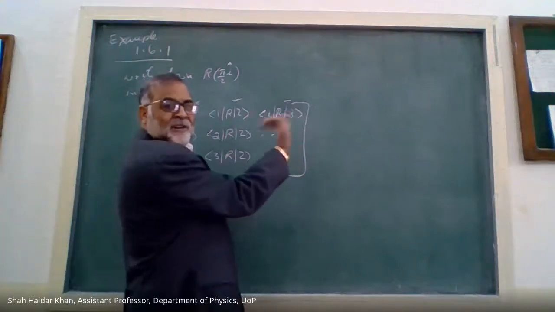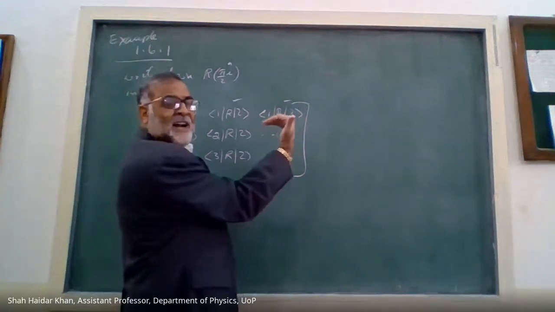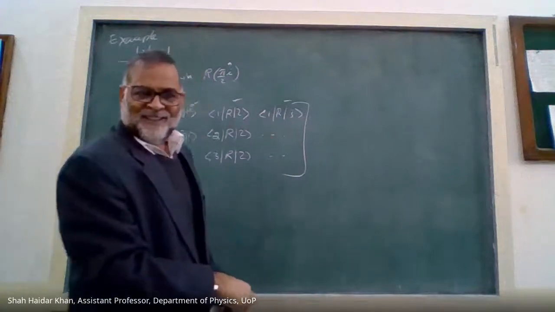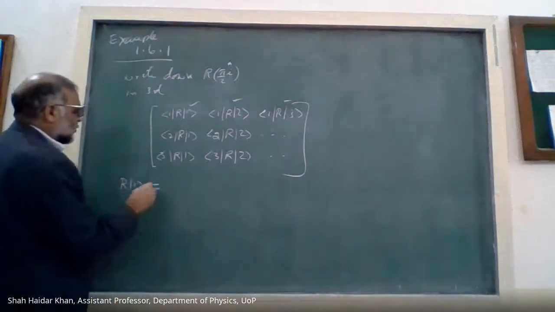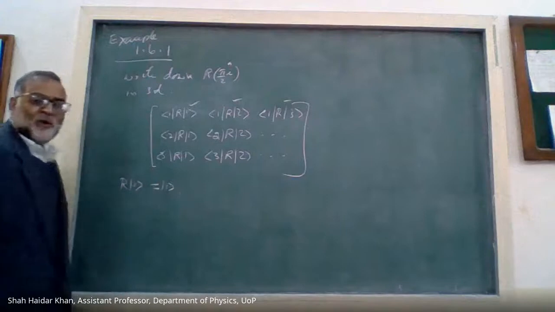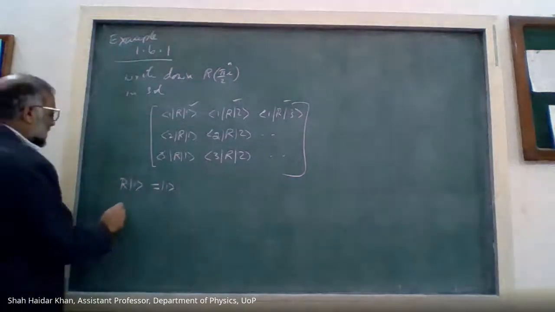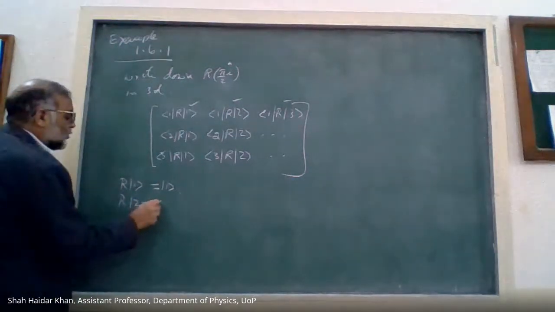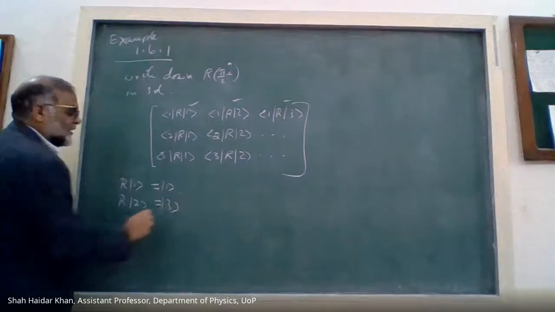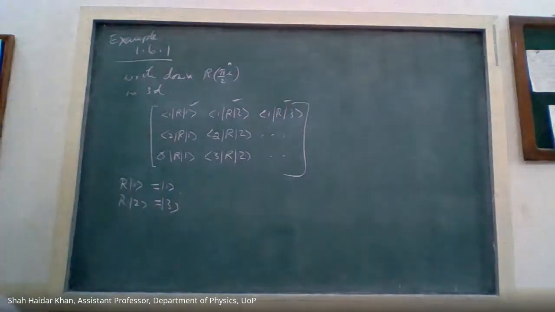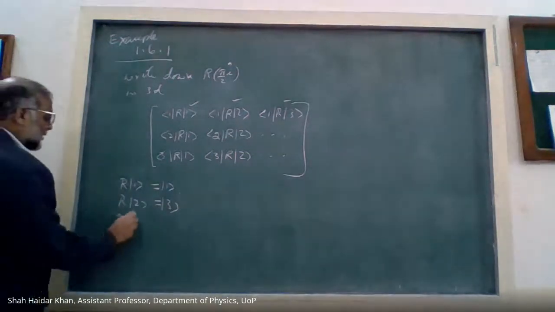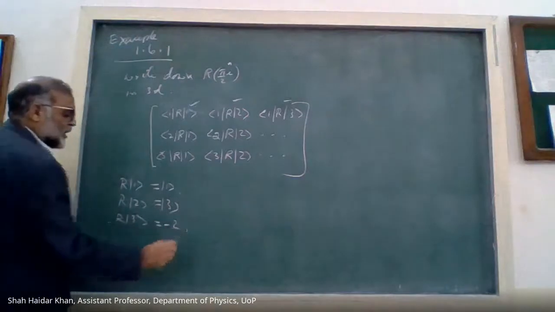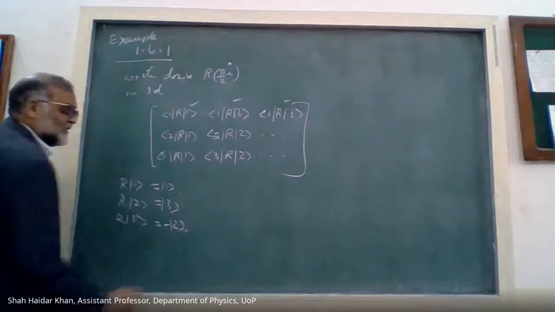If we rotate around i, it does not change i. So R of 1 is equal to 1. R of 2, if you remember, was equal to 3, and R of 3 was equal to -2.